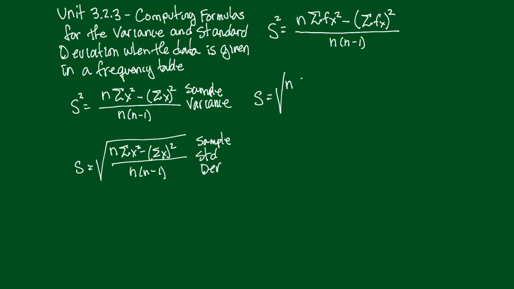So we get n times the summation of f x squared minus the quantity, the sum of the f x's squared, all over n times n minus 1.